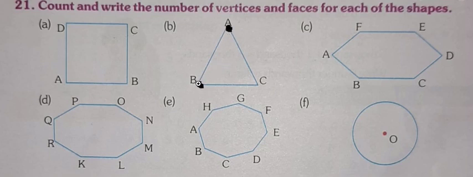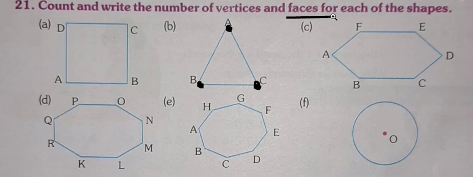Another vertex is B because here AB and CB are meeting at B. The third one is C because here AC and BC are meeting at C. So there are three vertices. First A, second B and third C.